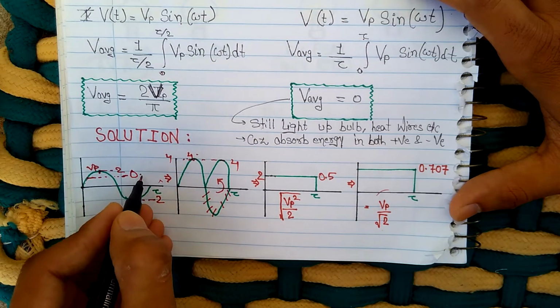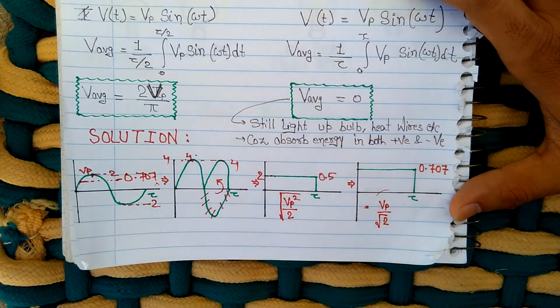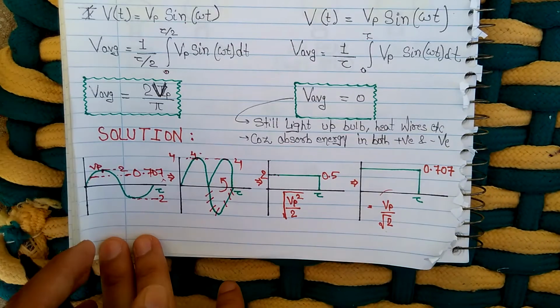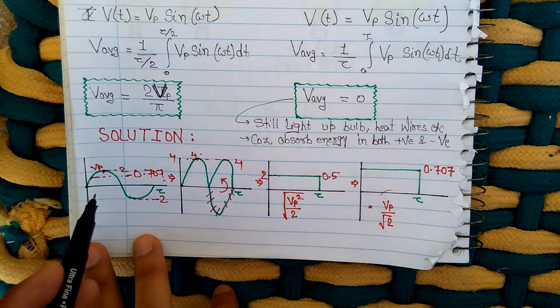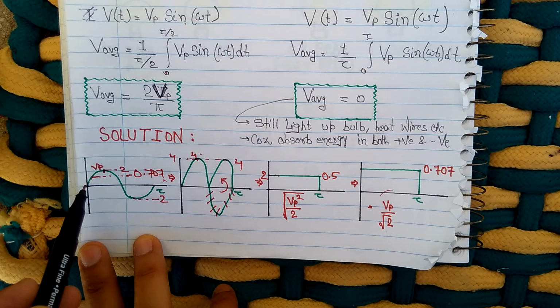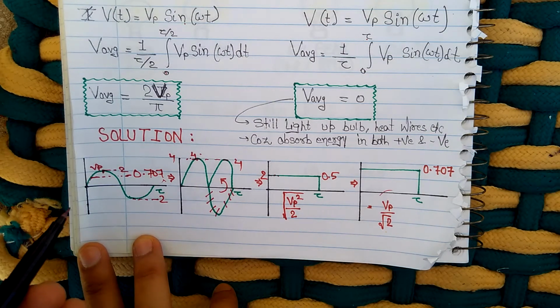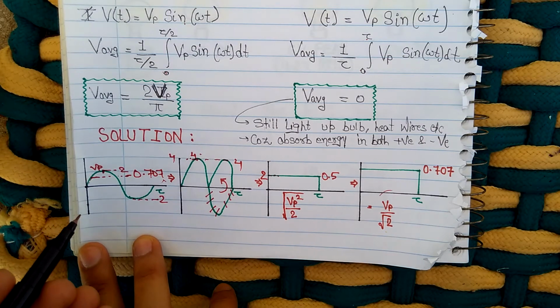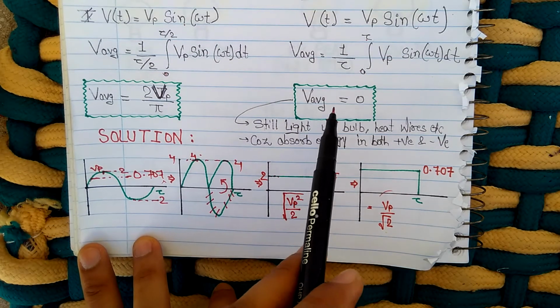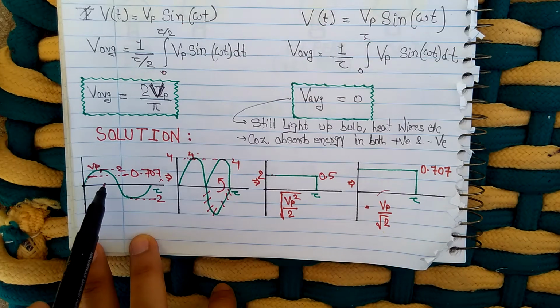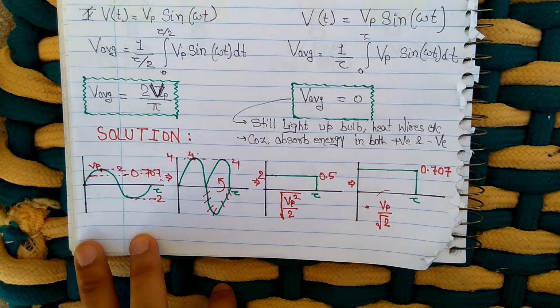0.707 times. So now we are clear that it was very hard for us to find out the absolute value of this waveform. First you ask why not the average value. We removed that reasoning by saying that the average may come out to be 0 if my positive cycle is equal to my negative cycle.